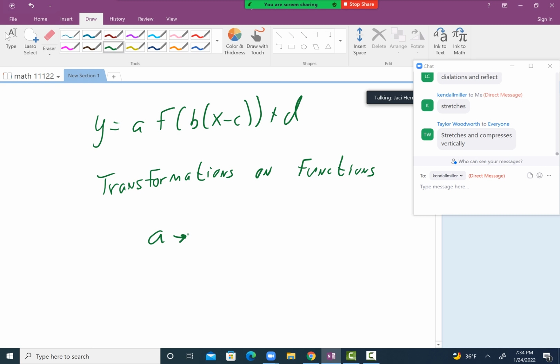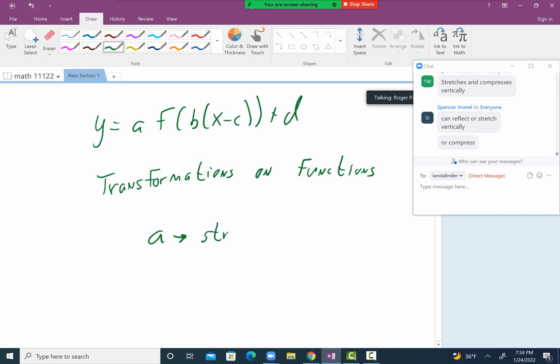A stretches over the x-axis so it can get bigger, and at one point it becomes really thin. Perfect. A is a stretch or a compress, which we would call a dilation. So I'm going to put down here a stretch or a compress. And I also saw some people say that it is a reflection.